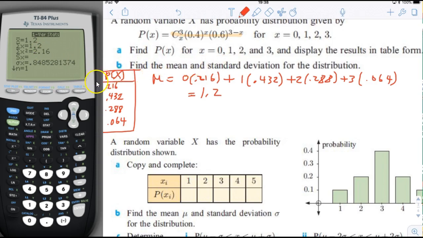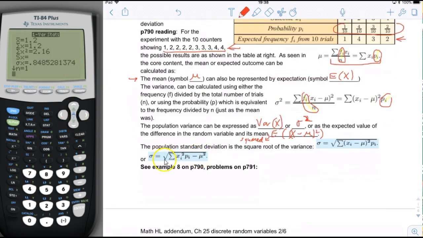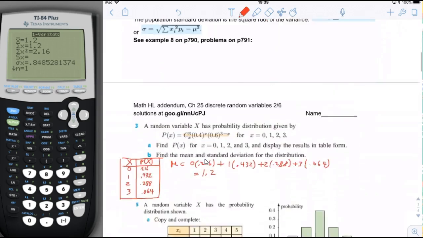The standard deviation for the distribution, let's go grab a formula for that. It's actually this formula here. Okay, so we're going to add up the weighted random variables squared, and then subtract out the average squared. Let's do that first.